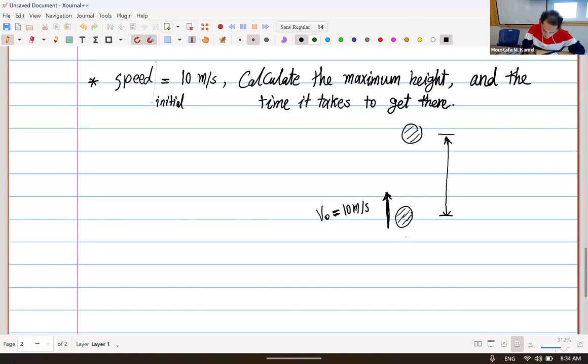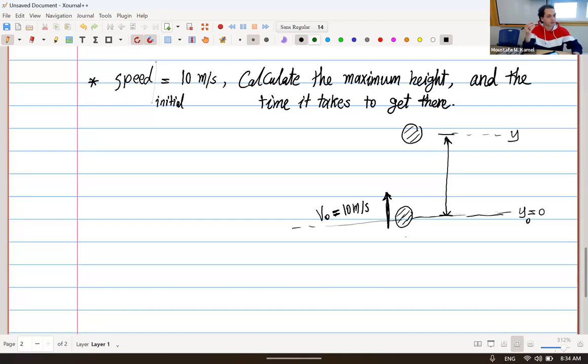Let's define this point to be the origin, y equal to 0. And this point will be what we are looking for, the height we want. So y naught is 0 and y is what we are looking for.